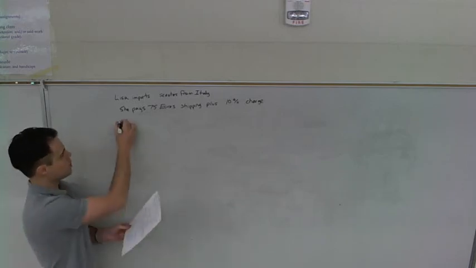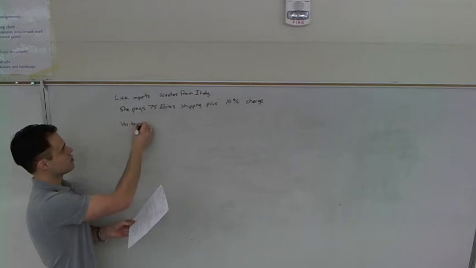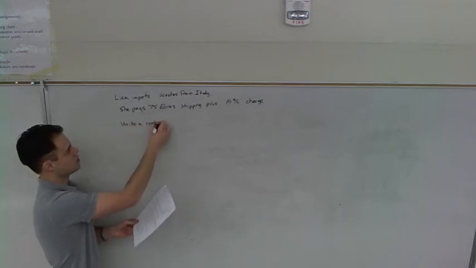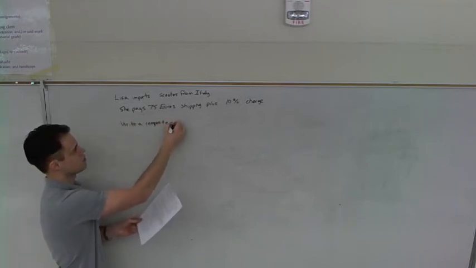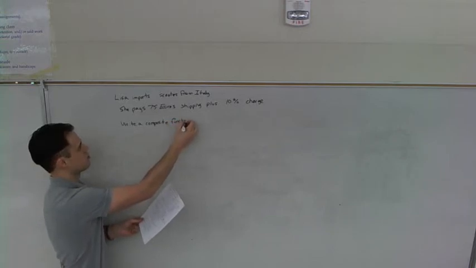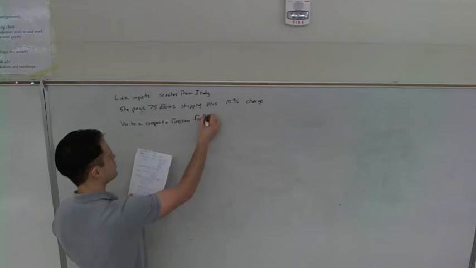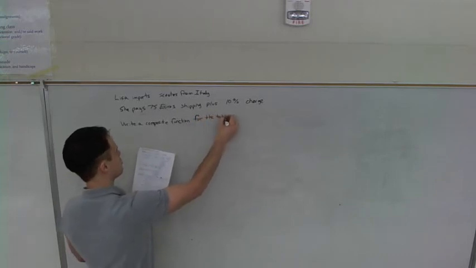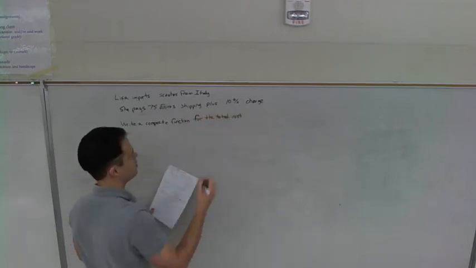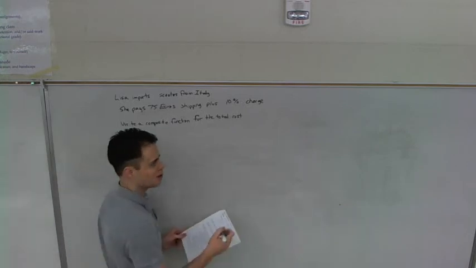So what we want to do is write a composite function for the total cost. But we don't want it to be in euros. We're going to make it in dollars.